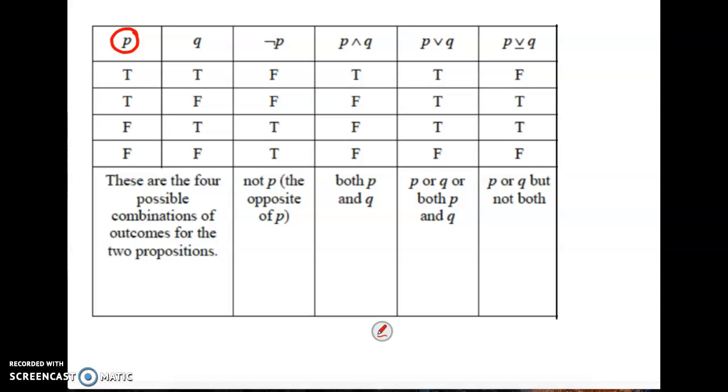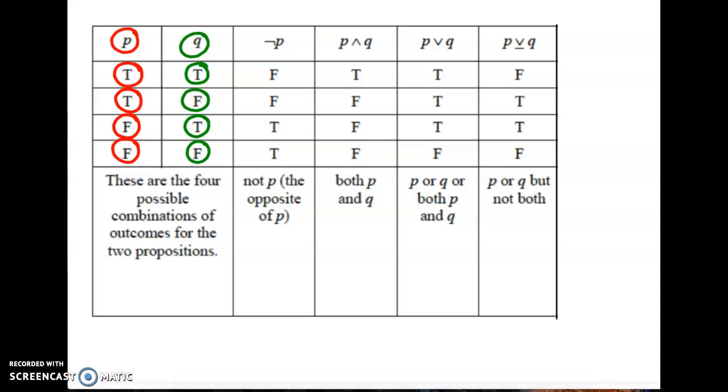The possibilities are Eli could have soup for lunch, or not have soup for lunch. The second column is the second proposition, Eli has pie for lunch. Yes, he had pie. No, he did not have pie.